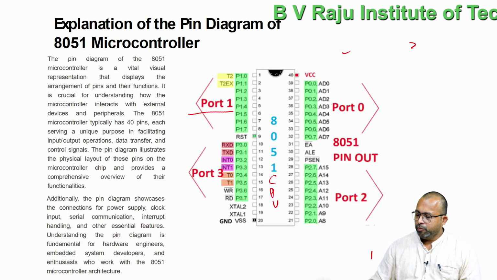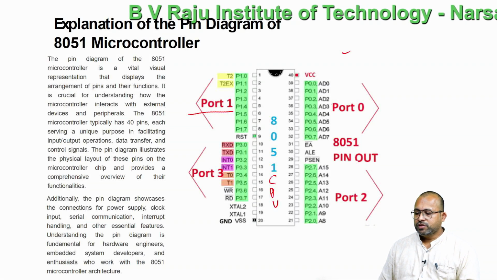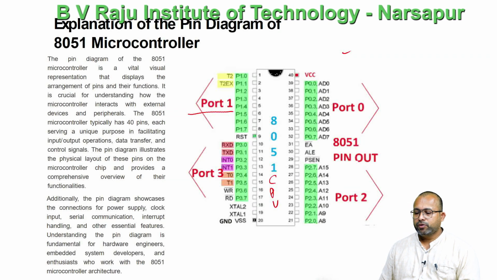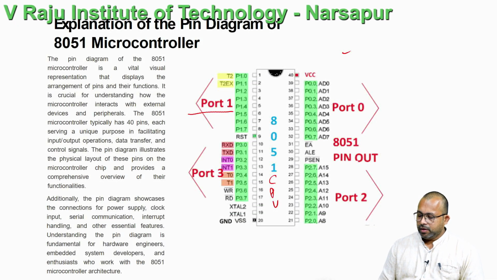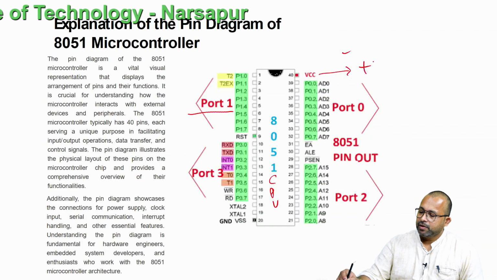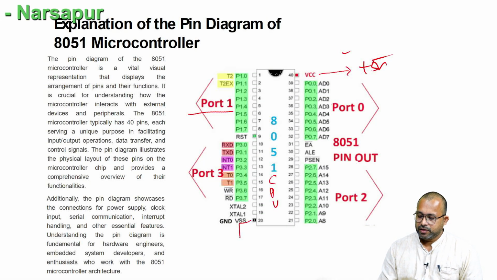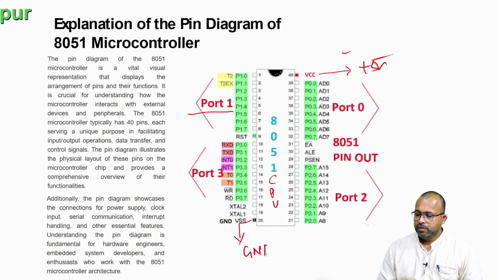So apart from port 0, port 2, port 1 and port 3, we have the chip power supply, that is the 40th pin, VCC. The CMOS voltage is 5 volts, and the other one is ground.